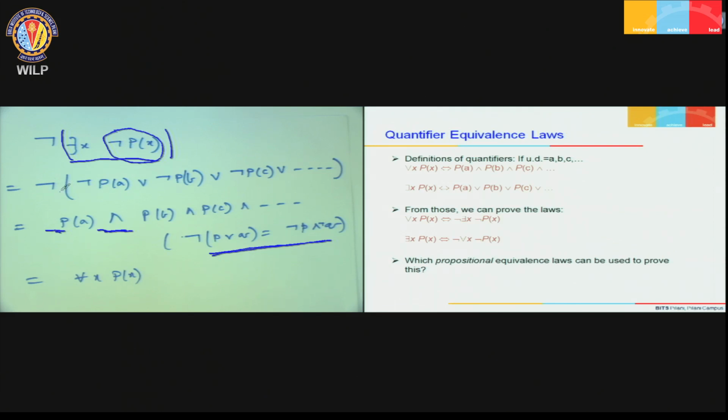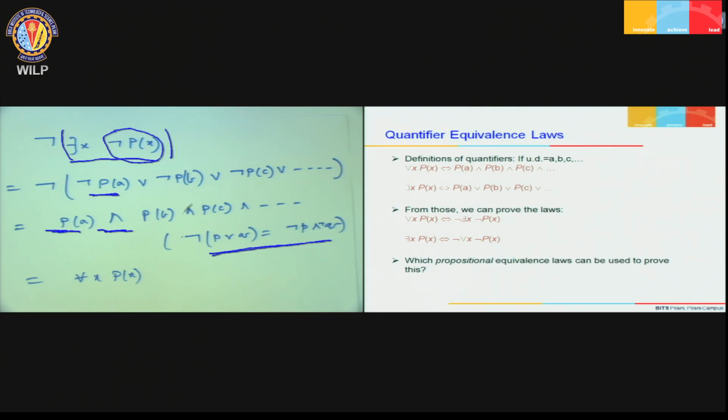Just apply the same De Morgan law over here. When you have a number of propositions here, you just have to negate each proposition and put the and operator in between them. You negate this: not of not PA is PA.